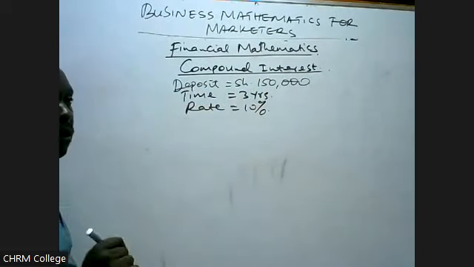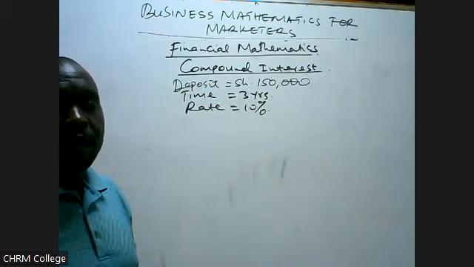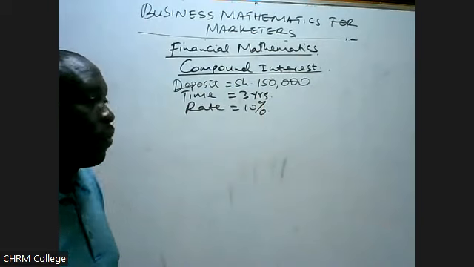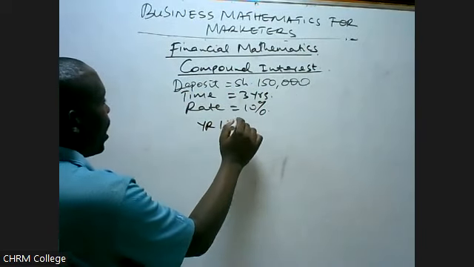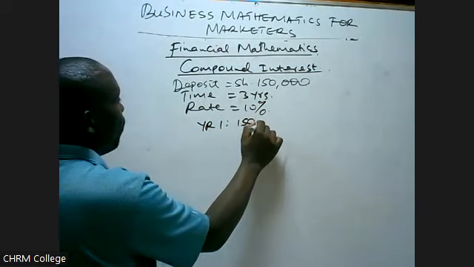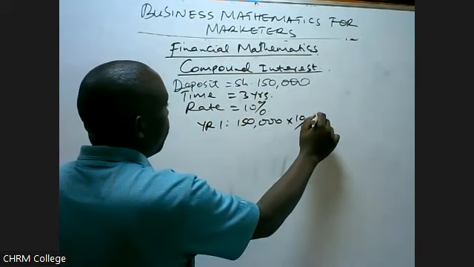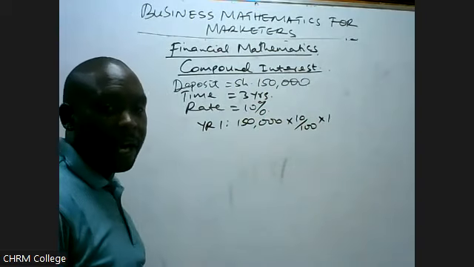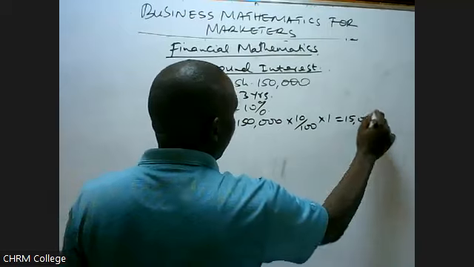If this amount was being compounded, then this is the amount of money that will be in the account of that person. In year 1, the person will earn an interest of what? 150,000 times 10% times 1 year. I'm doing it yearly. So this one is equal to 15,000.